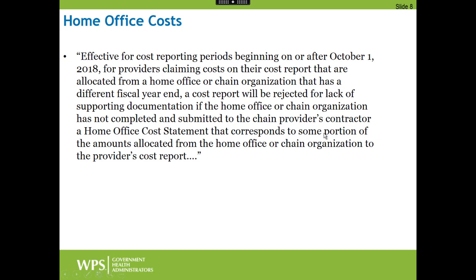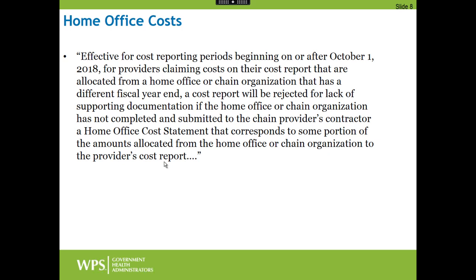But the other piece that seems a little odd at first is that the home office cost statement must correspond to some portion of the amounts allocated from the home office to the provider, specifically Worksheet A81. The reason this isn't an exact match is that you may have more than 1 year of a home office cost statement that corresponds to that provider's cost report.